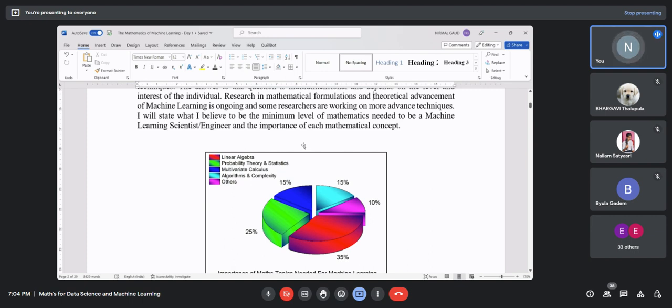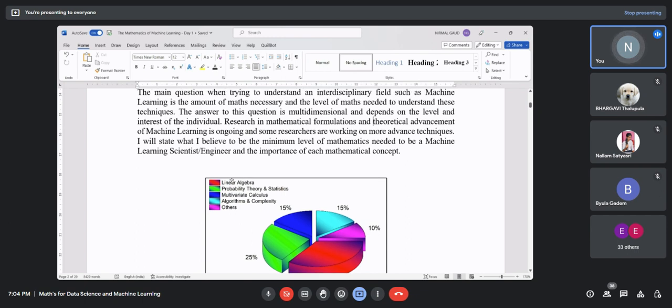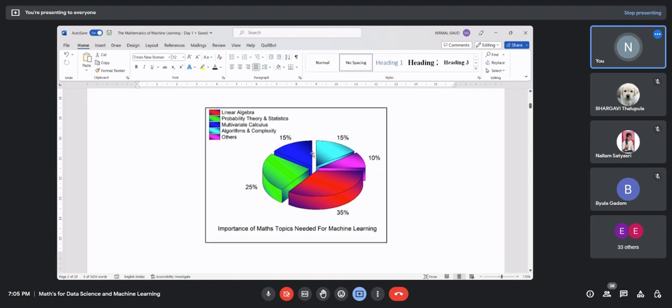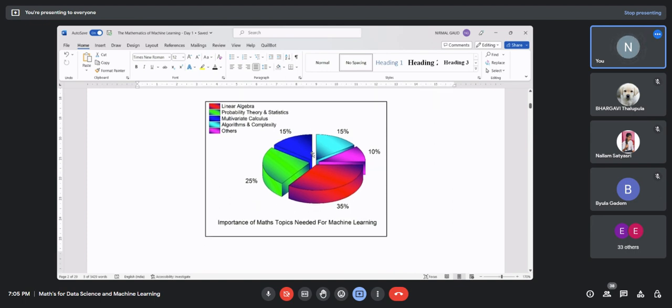Here you should have some knowledge of linear algebra, probability theory and statistics, some multivariate calculus, some algorithms and complexity, and the remaining mathematical concepts covered in others. This is the minimum of maths needed for machine learning, and all these topics should be covered.